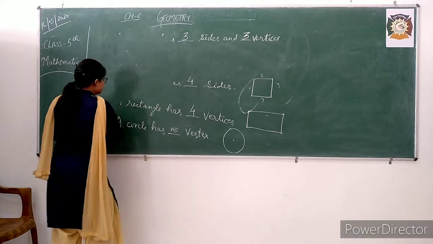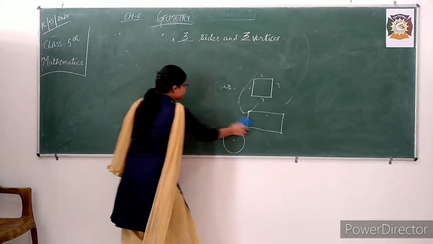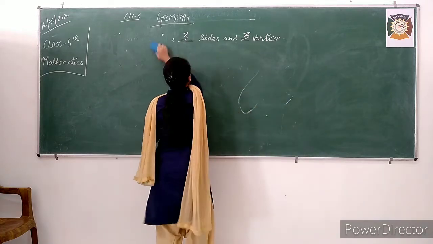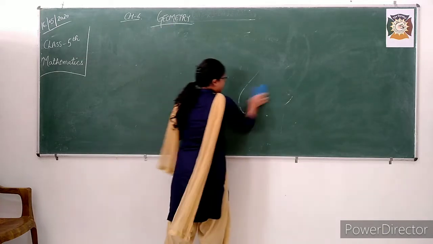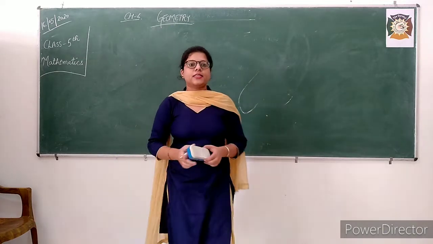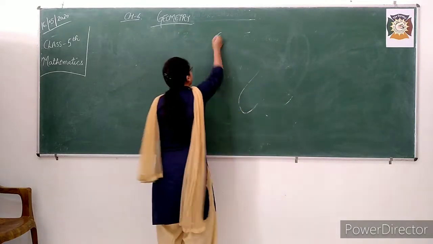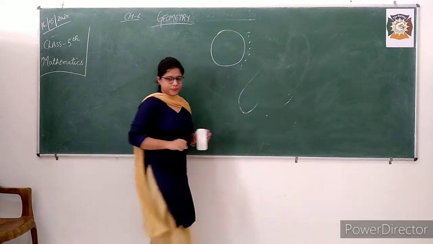Next is the next exercise in your book. You are given a circle and there are some points here.